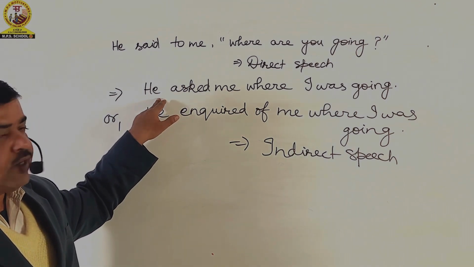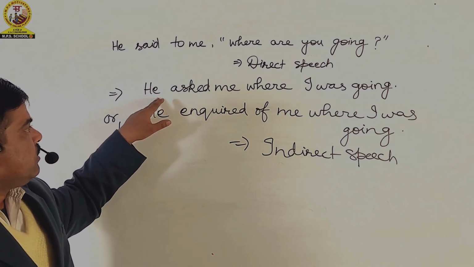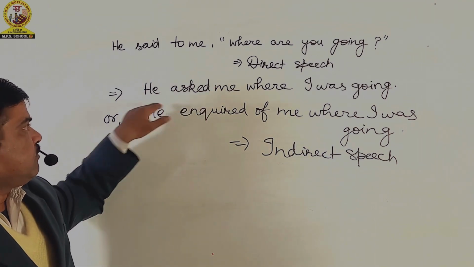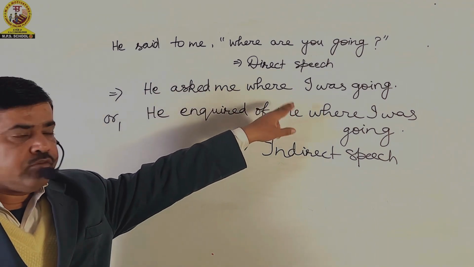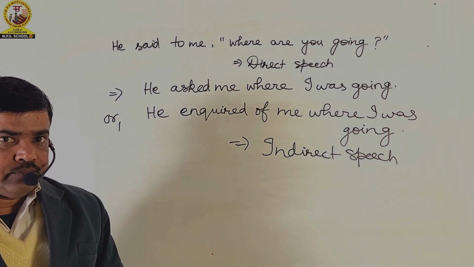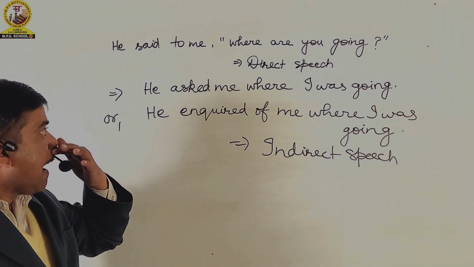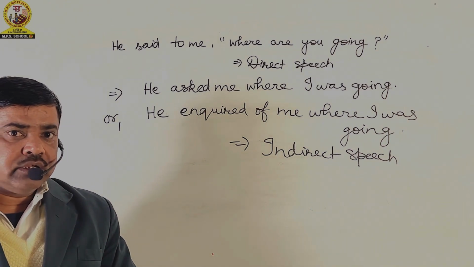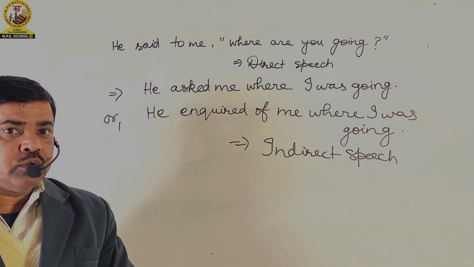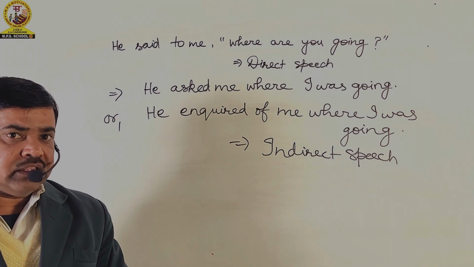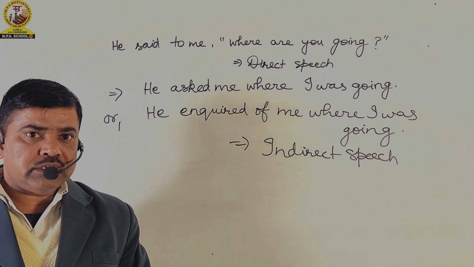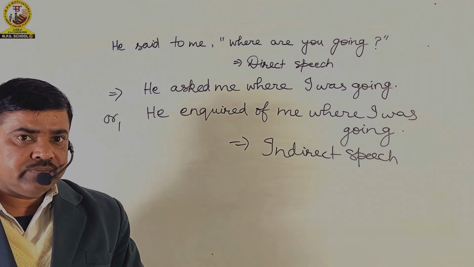In the first way, the indirect speech of the above sentence in direct speech will be, he asked me where I was going. I think I don't need to make you understand why we have not used if or whether in this sentence, because I have already taught you about it in my previous session.